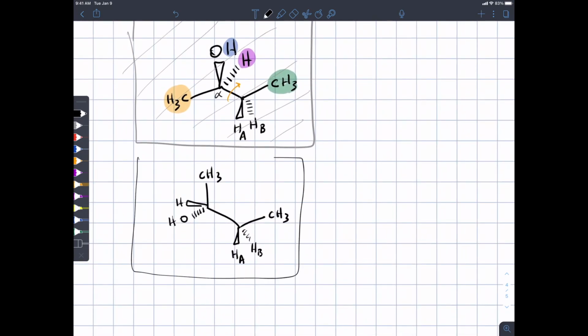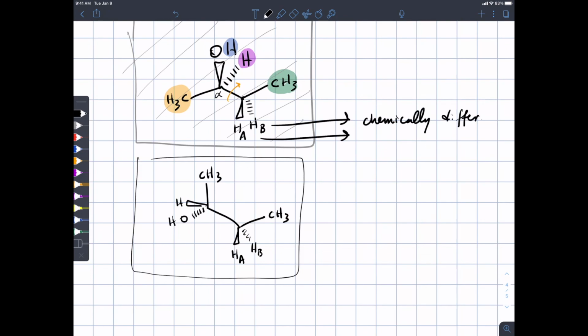Are they the same yet? Still different environments, right? Now, proton A is on the opposite side from the OH group, and proton B is on the same side as the OH group, but there's still not a symmetry operation that makes them experience the same thing at the same time. Those two protons are chemically different.